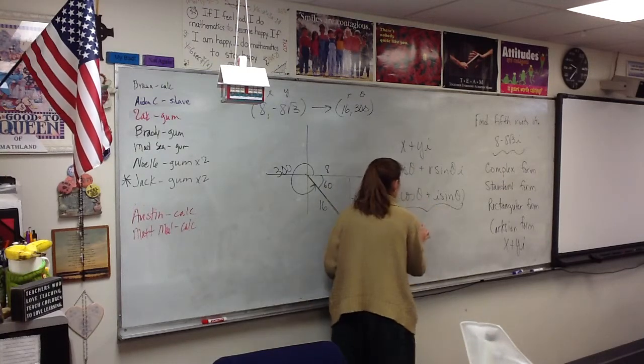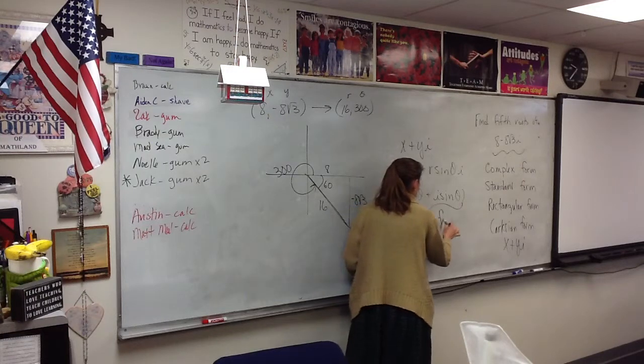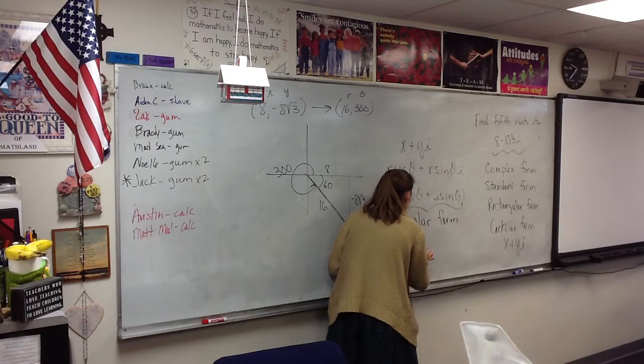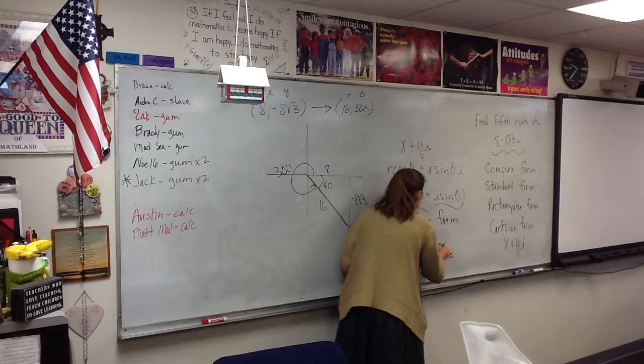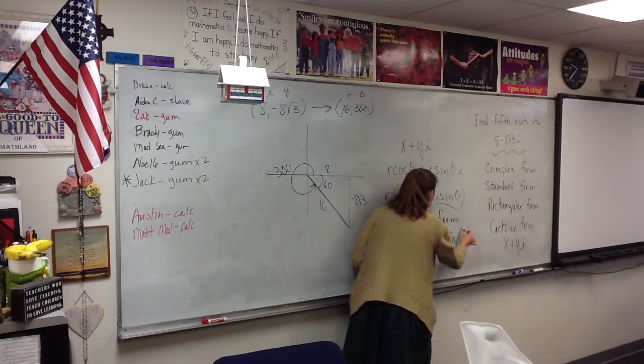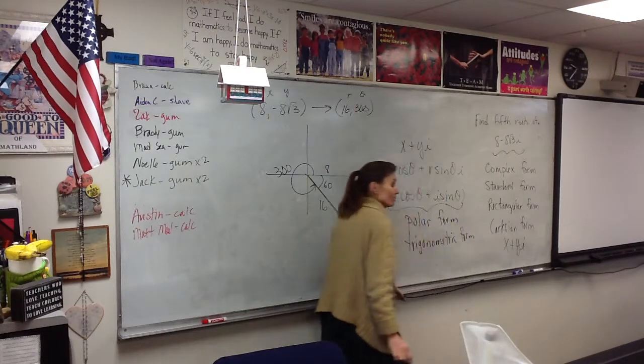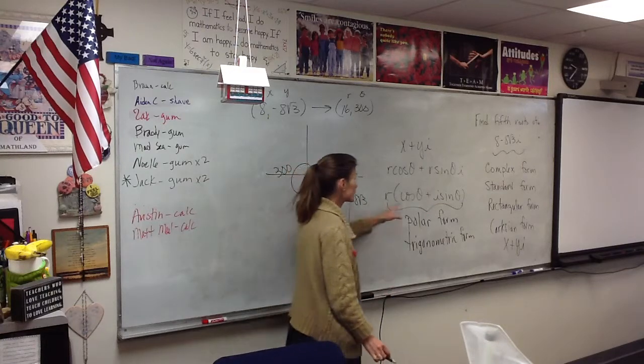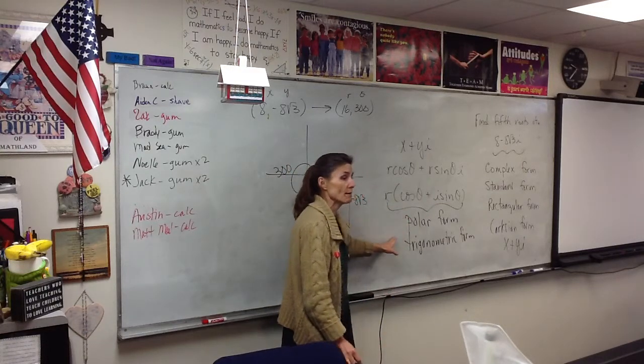This is called the polar form or the trigonometric form. I have no idea why there's so many names for everything. There just are. So this is called polar form or trigonometric form.